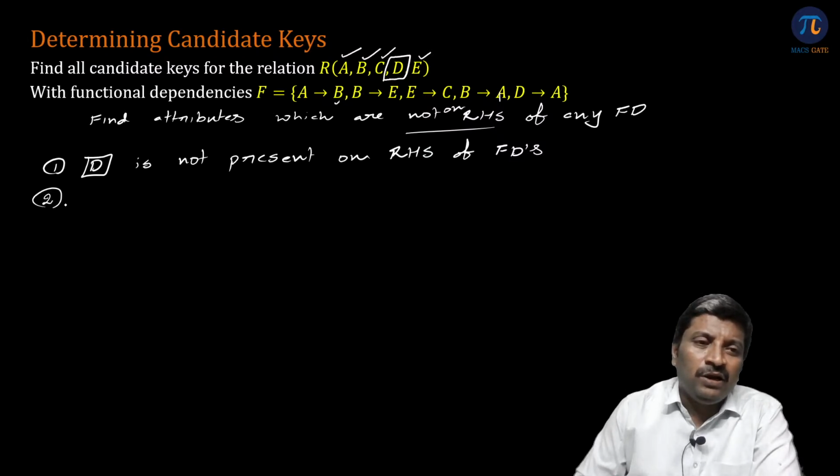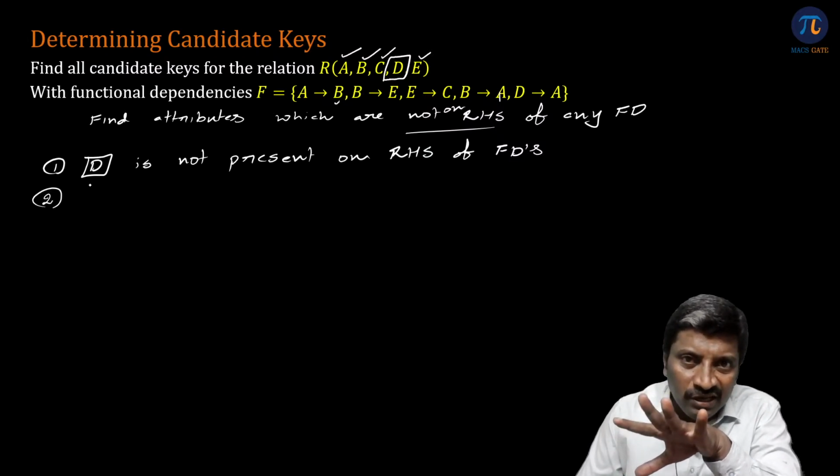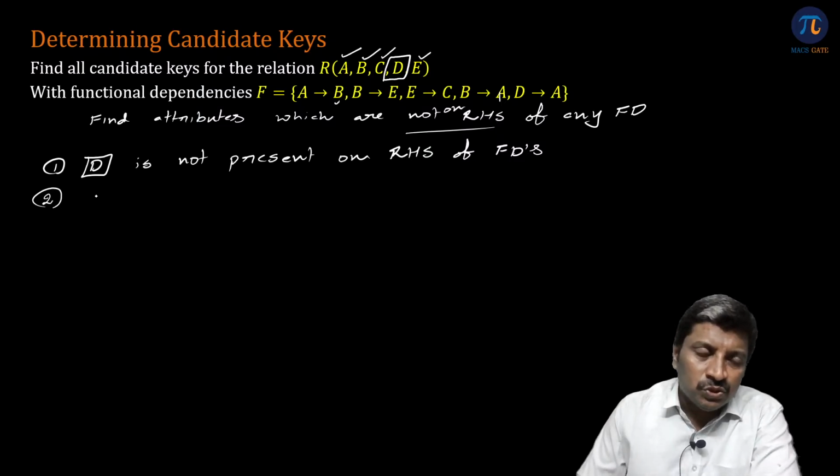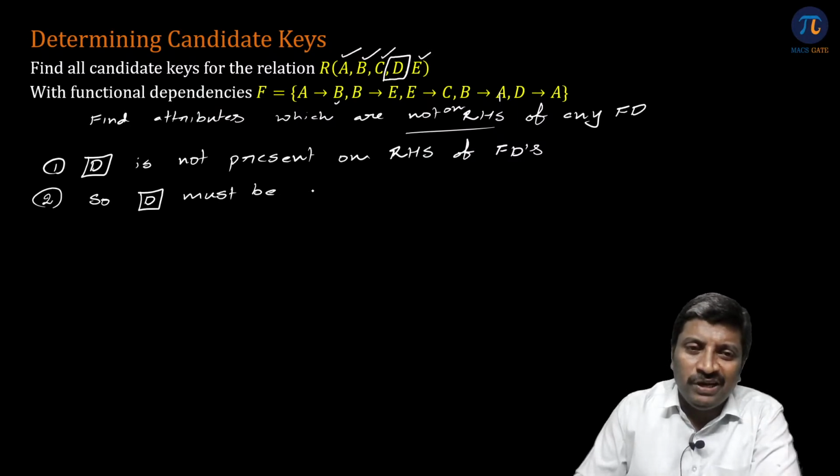So what does it mean? I cannot get the value of D by using anyone else. So D must be a part of candidate key.